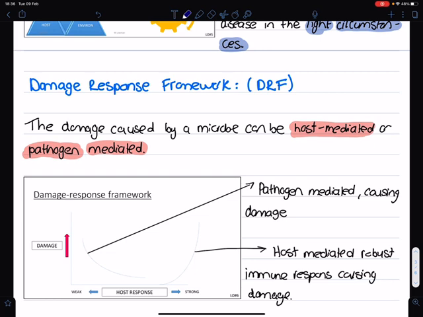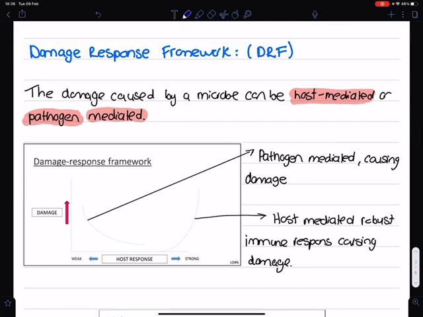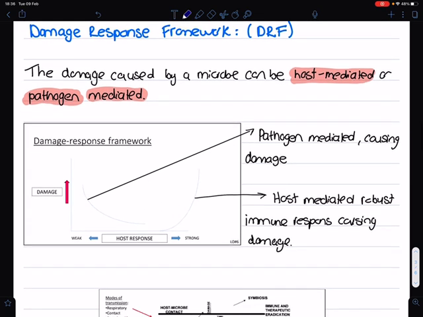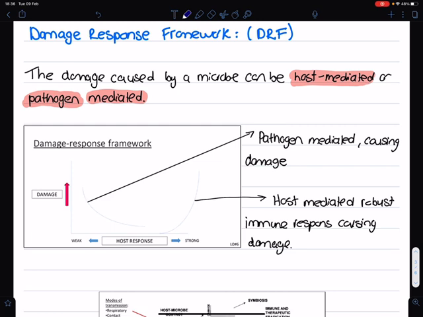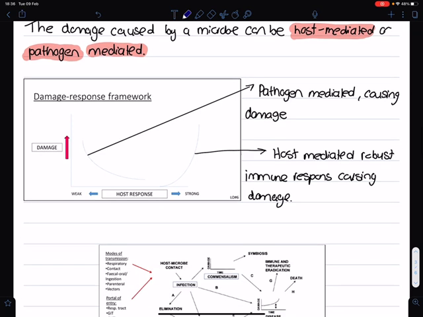So it's host-mediated damage, such as inflammation, when the immune response is just too robust and it actually also causes damage. So it was also very important to treat inflammation, especially in coronavirus and things like that, because the host response might be so strong that it causes damage to the tissue.